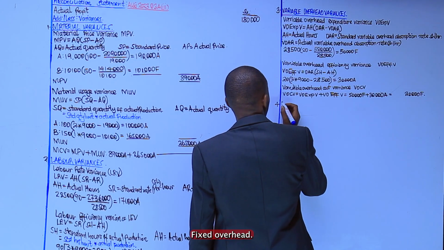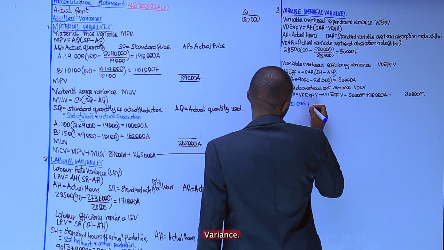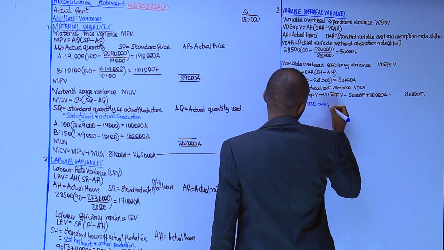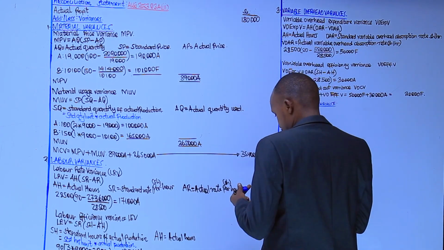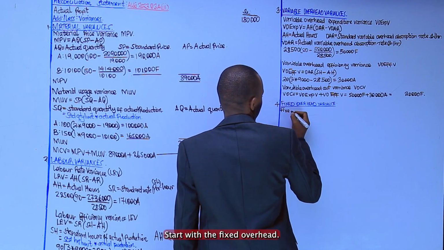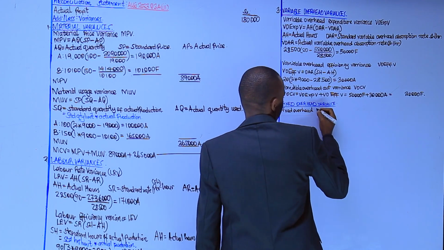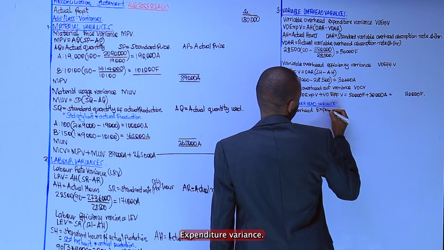Fixed overheads variance. Start with the fixed overhead expenditure variance.